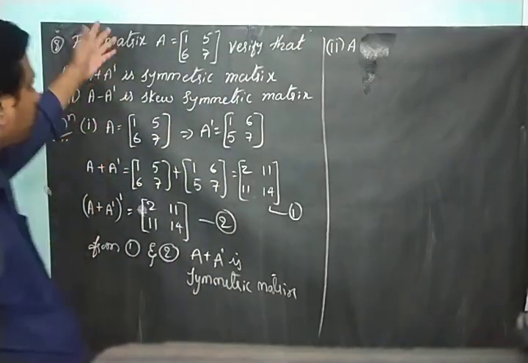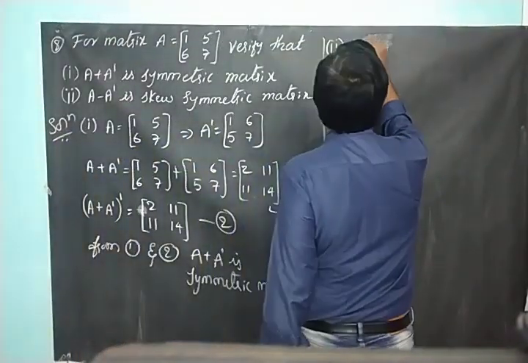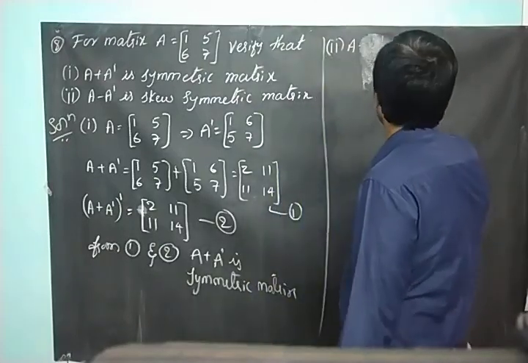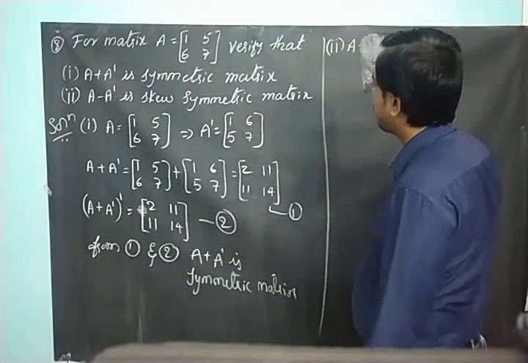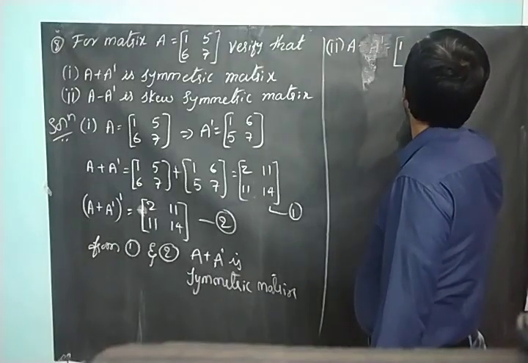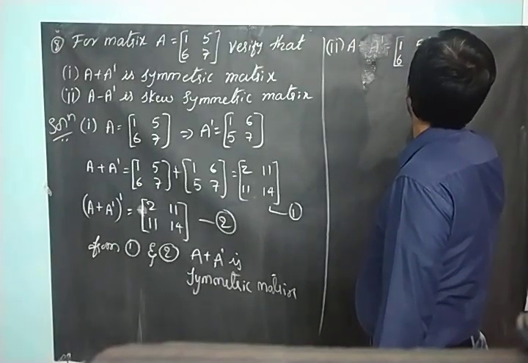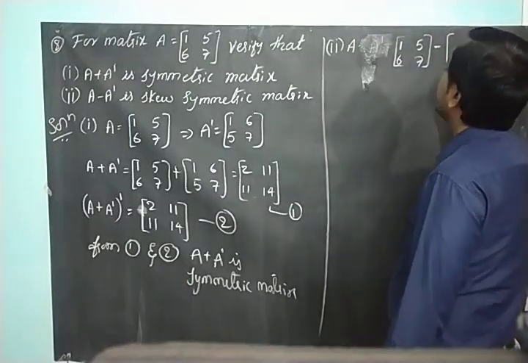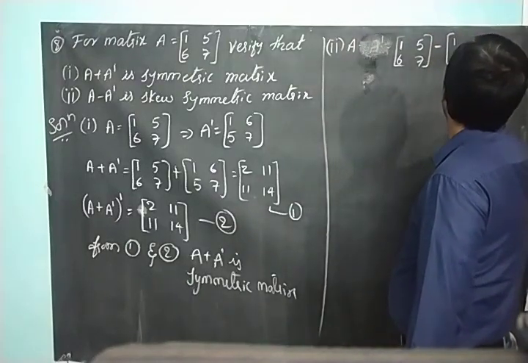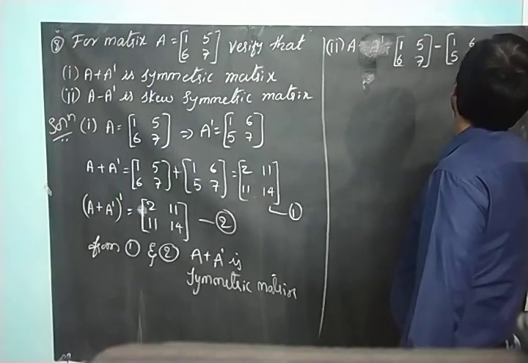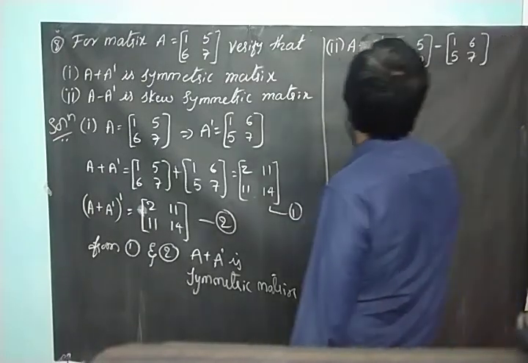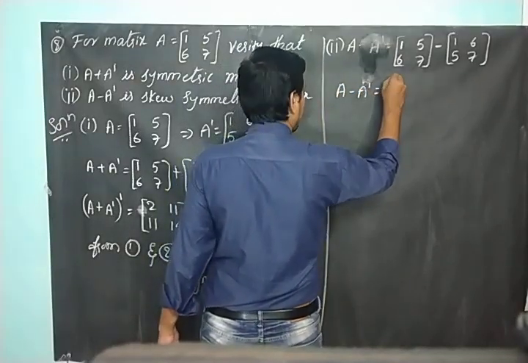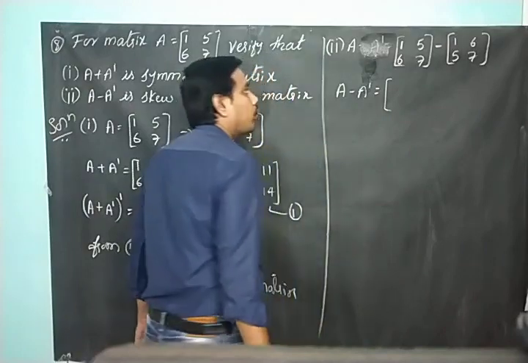So A minus A transpose can be written as: A is 1, 5, 6, 7, minus A transpose, which is 1, 6, 5, 7.